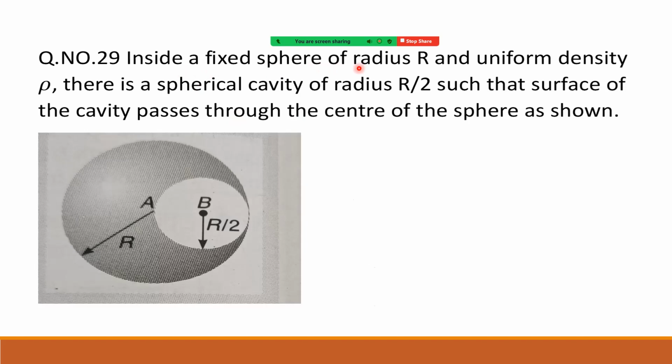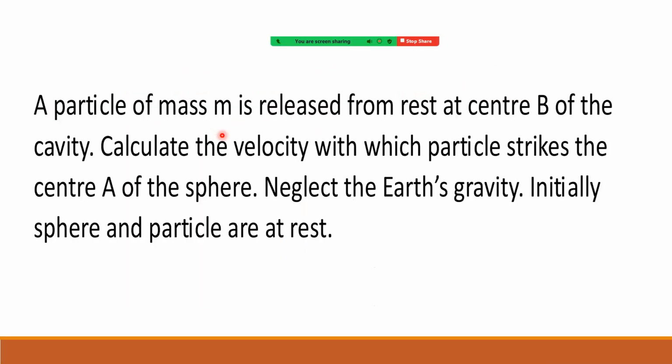Inside a fixed sphere of radius R and uniform density rho, there is a spherical cavity of radius R by 2 such that the surface of the cavity passes through the center of the sphere, as shown. A particle of mass m is released from rest at center B of the cavity.